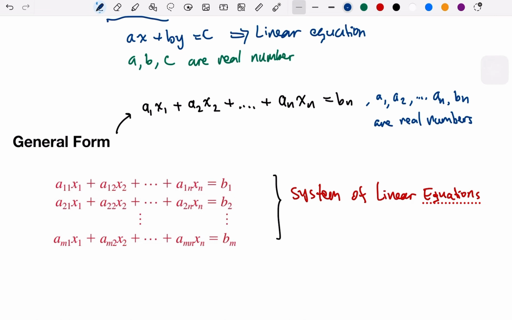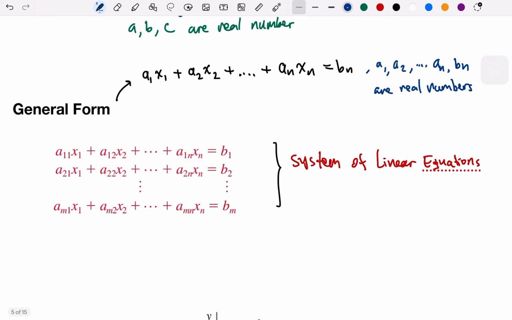And the a's are the coefficients. The number ij determines the position, like in a matrix system: 1, 1 means row 1, column 1, and this means row 2, column 1.